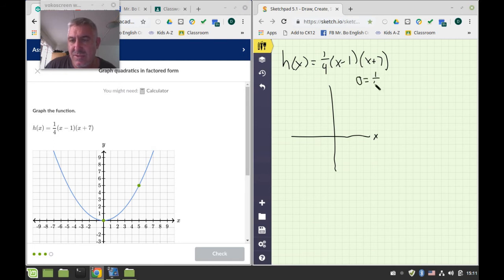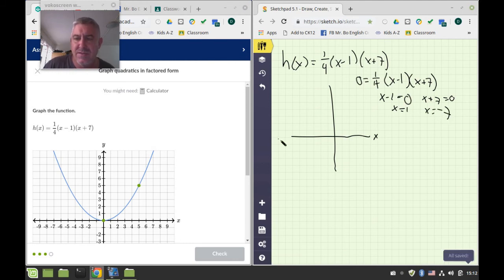So 0 is equal to 1/4 times (x minus 1) times (x plus 7). So I know that 1/4 is not 0, so either x minus 1 is 0, or x plus 7 is 0. That means x is equal to 1, or x is equal to negative 7.